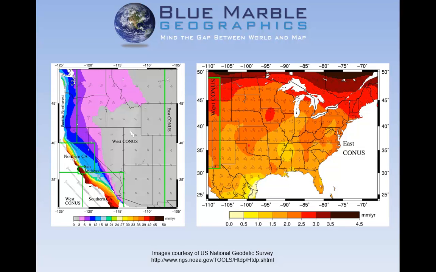Down towards the southern end of the country, down in Texas and Florida and parts of the central south, those are slower velocities, just down around a millimeter to a millimeter and a half per year. And then as we go north, as we go west, and as we go east, we see increased velocities.